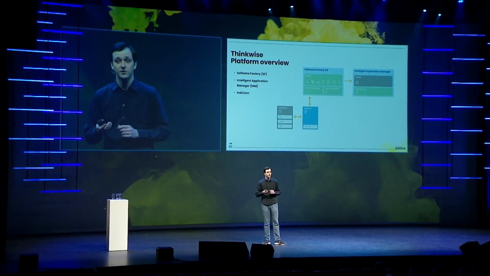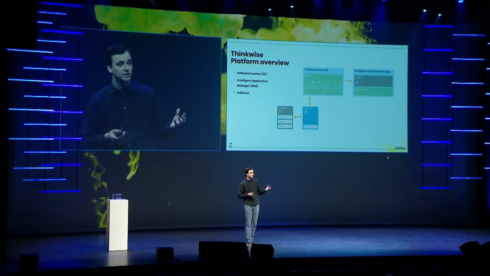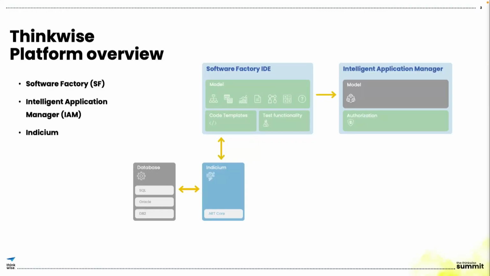Interacting with the software factory is Indicium, which is our application tier that connects to the database, the model, and your application, as well as other services far away from here. And then, of course, we have to show the application. Our graphical user interface, Universal, is our 7th generation.